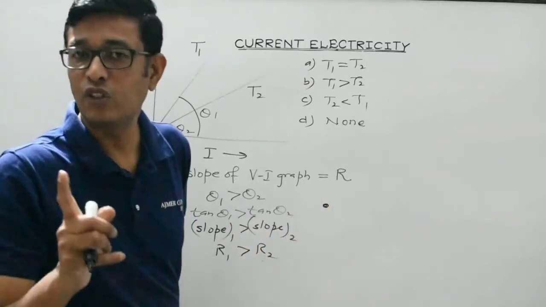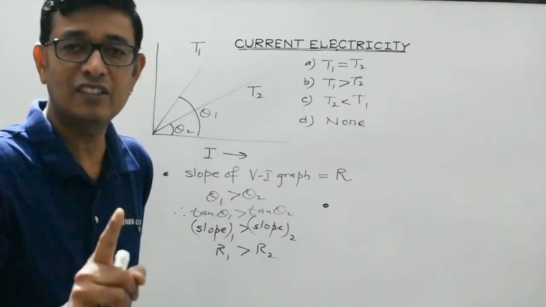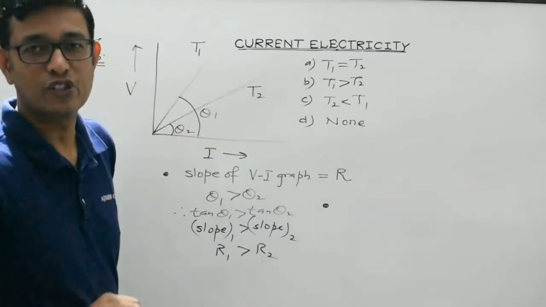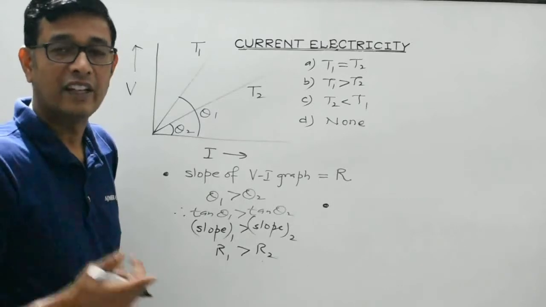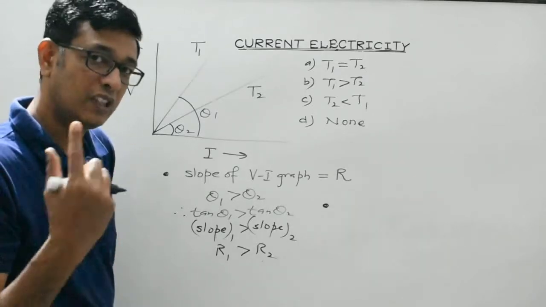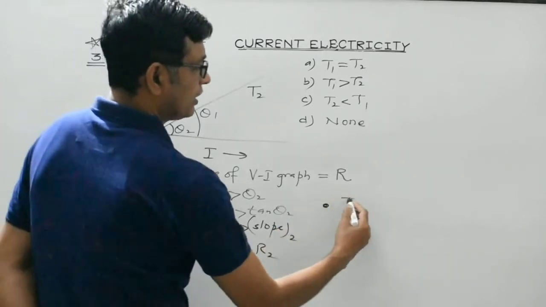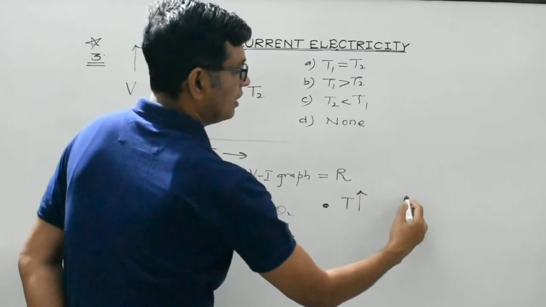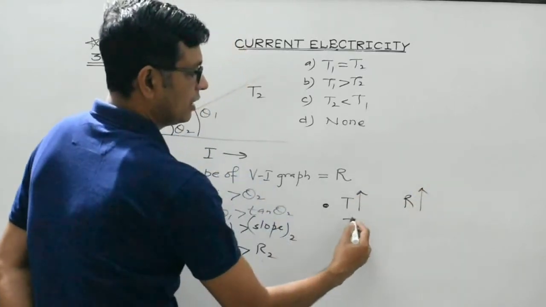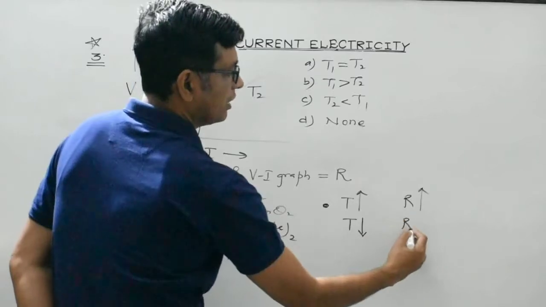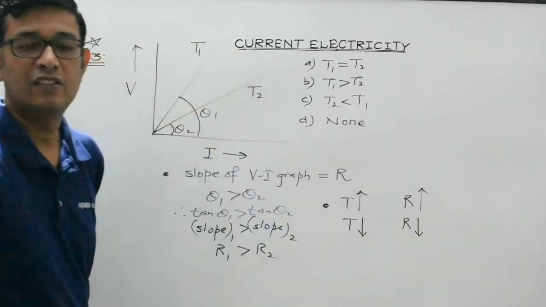Next important point. Students, the resistance of a conductor increases with the increase in the temperature, or the resistance of a conductor decreases with the decrease in the temperature. If the temperature increases, then resistance will also increase. If the temperature decreases, resistance will also decrease.